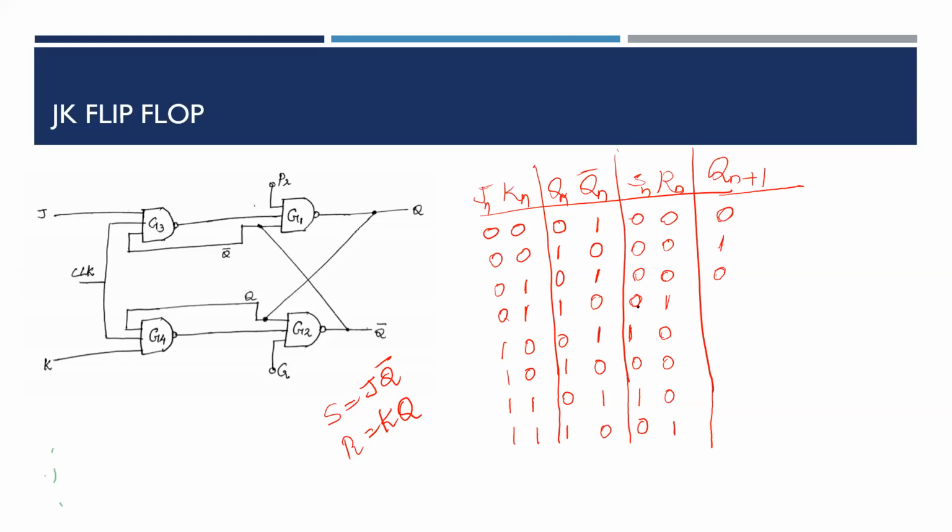And in the next row, S is 0, R 1. So what will be Qn plus 1 of an SR flip-flop? S is 0, R 1 ആണെങ്കിൽ flip-flop will reset to 0.